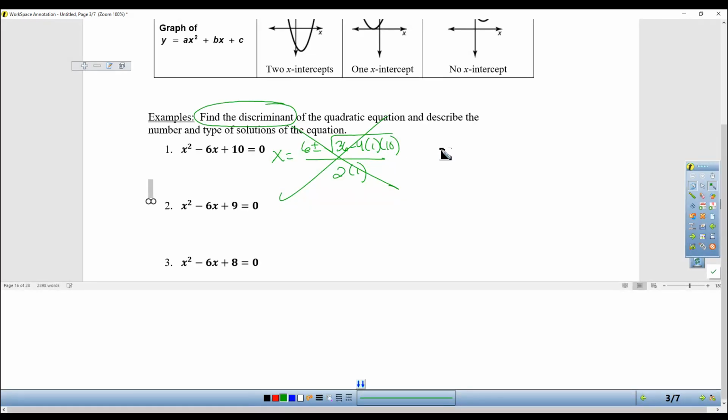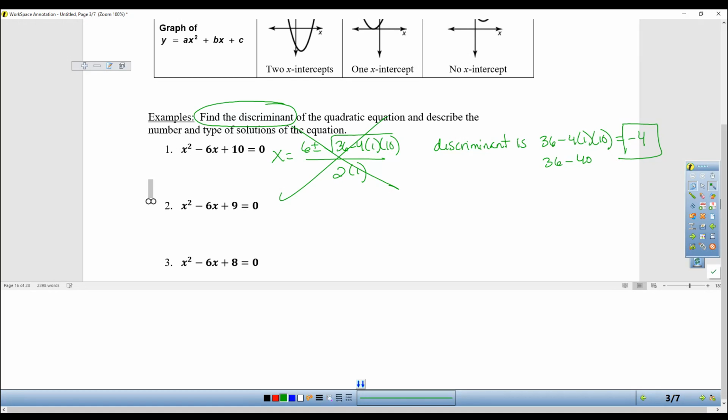So just this little inside part, the discriminant, is just the 36 minus the 4ac, which comes out to be 36 minus 40, which comes out to be negative 4. So you could do the whole thing and you would see the negative 4 under the radical, but when they ask you for the discriminant, your answer had better be just the negative 4. A little fussy about that.